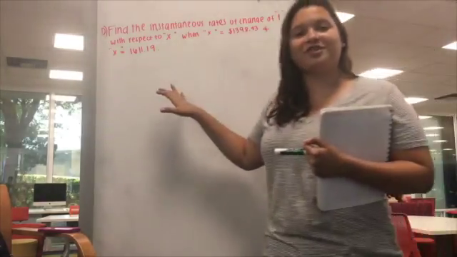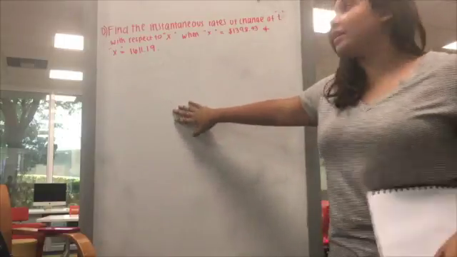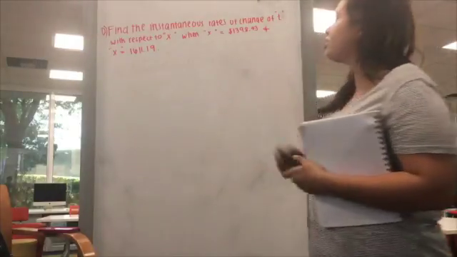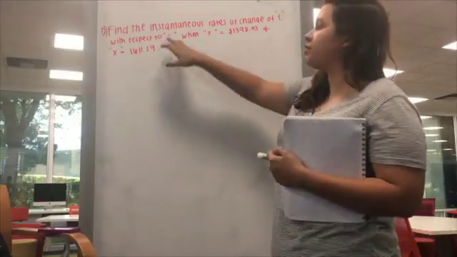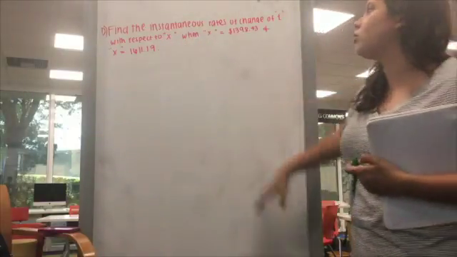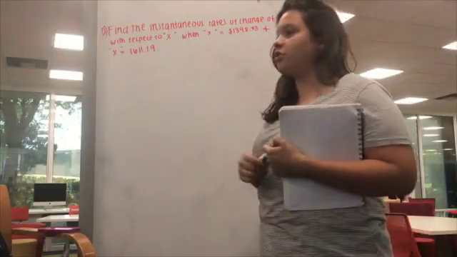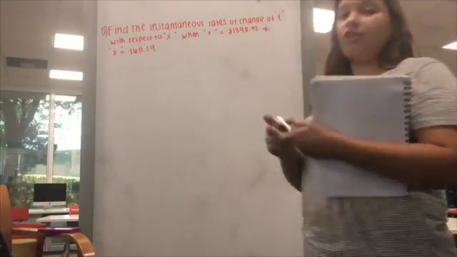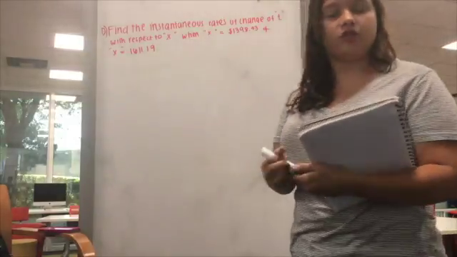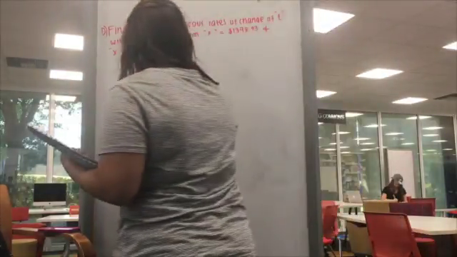This is part D of our problem, and it tells you to find the instantaneous rate of change of T with respect to x when x is equal to $1,398.43 and $1,611.19. The first thing you need to do is derive the original function, which is this one.